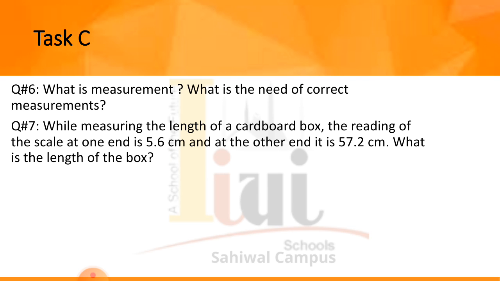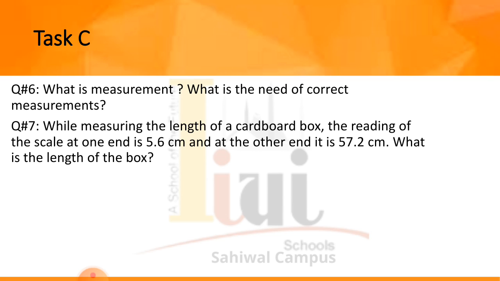Question number 7: while measuring the length of a cardboard box, the reading of the scale at one end is 5.6 centimeter and at the other end it is 57.2 centimeter. What is the length of the box? This question describes a non-zero starting value. Usually we start reading from zero: we put the scale at one end of the object starting from 0 and then read the other end.